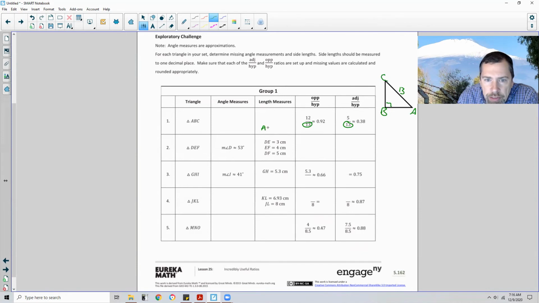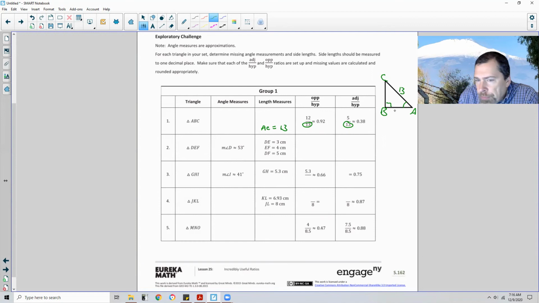So I'll put AC equals 13. Then we would have, if we're talking about angle A, so I look down here, then I'm trying to figure out how they're deciding which angle they're going to talk about, angle measures. Well, they're only giving one, I guess we'd have to find the other two.